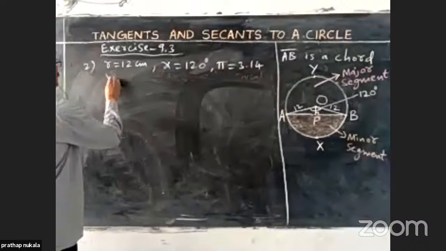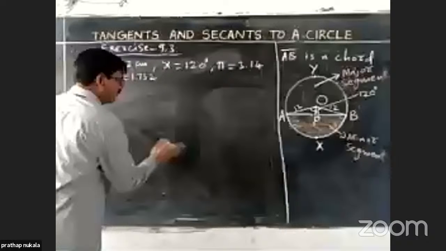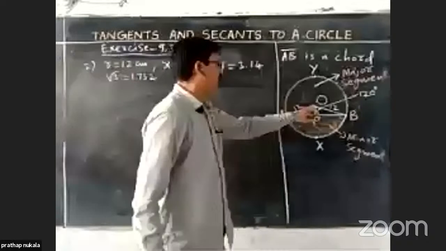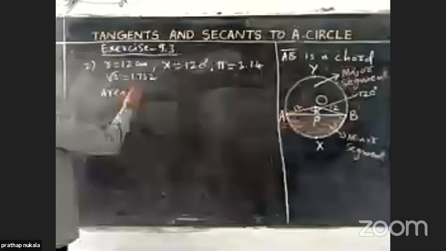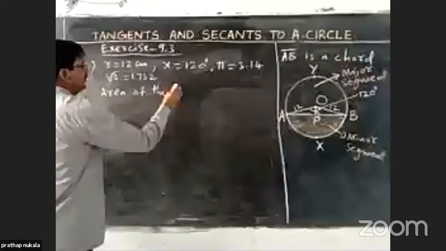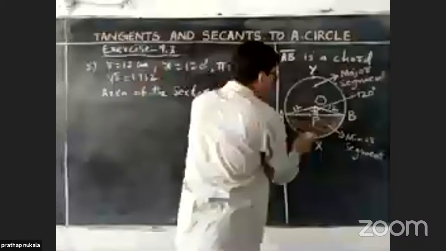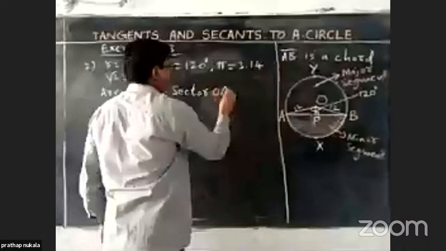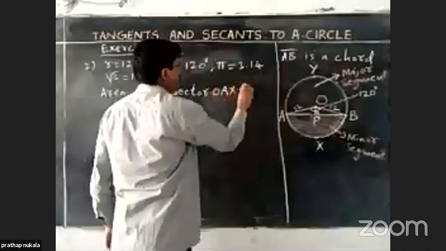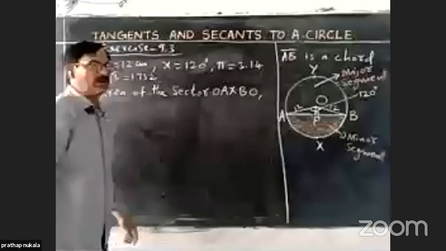Now, to find the area of the minor segment, first we have to find the area of the sector OAXBO.